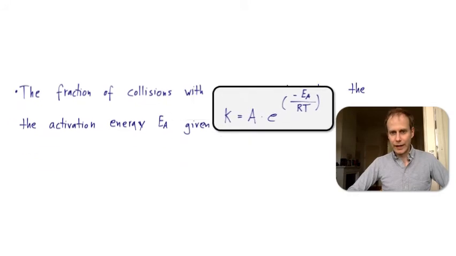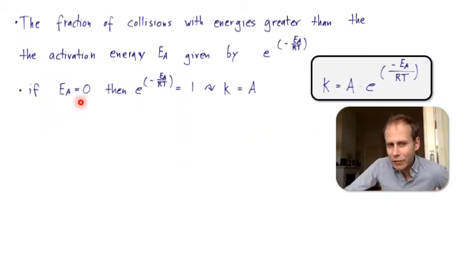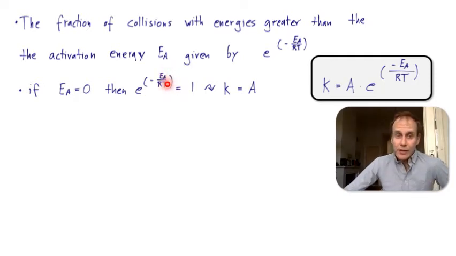So I explain this a little more, or I repeat myself. Think of it this way: if the activation energy is really 0, there's no activation energy, then 0 divided by RT, at any temperature, is always 0, and e to the power 0 is always 1. That means K equals A, right?